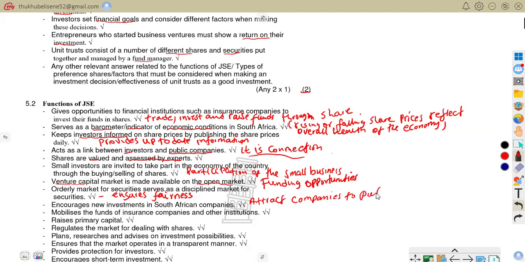It's going to attract investors, not companies. Attract investors to put money into companies.